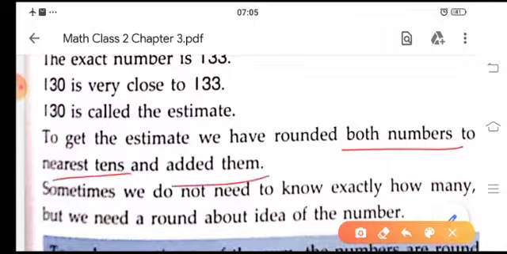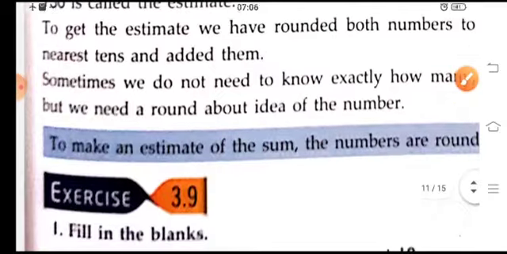Sometimes we don't know the exact value, how many items were sold or anything else like that, so we need a rough idea of the number. When we don't know the exact value and we just say the value nearest to it, this is known as the estimated sum.